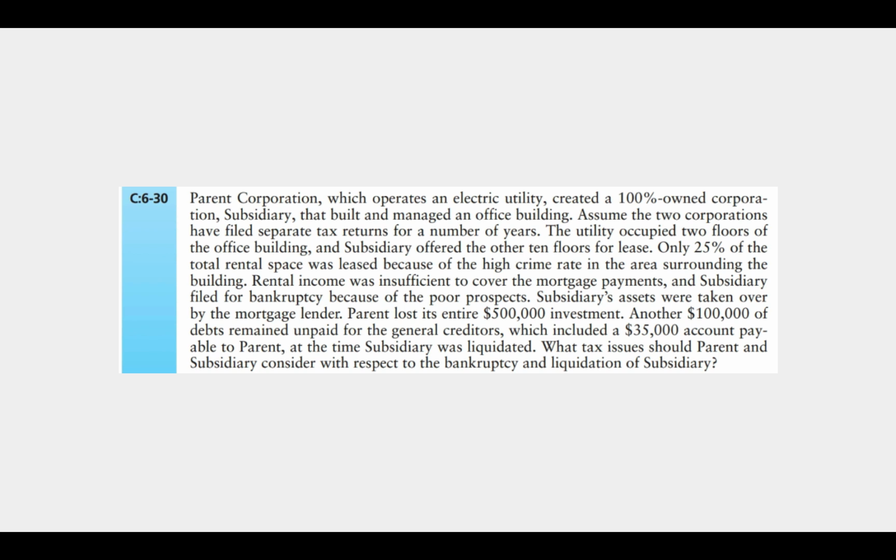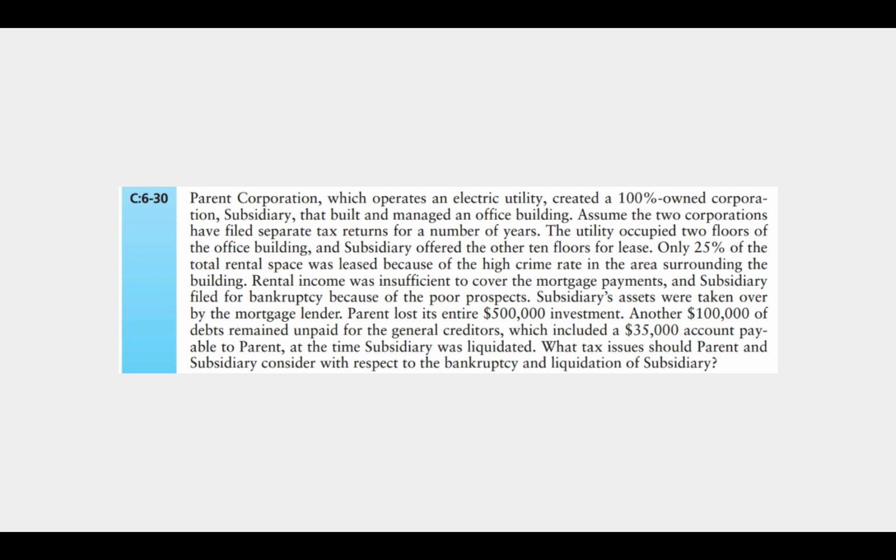And number 30, parent corporation, which operates an electric utility, created a 100% owned corporation subsidiary that built and managed an office building. Assume the two corporations have filed separate tax returns for a number of years. The utility occupied 2 floors of the office building, and subsidiary offered the other 10 floors for lease. Only 25% of the total rental space was leased because of the high crime rate in the area surrounding the building.